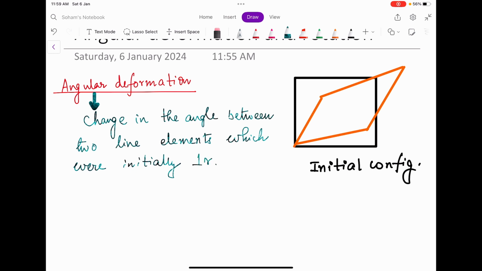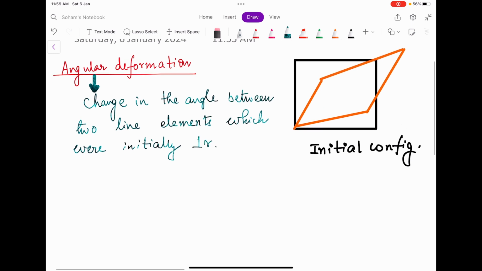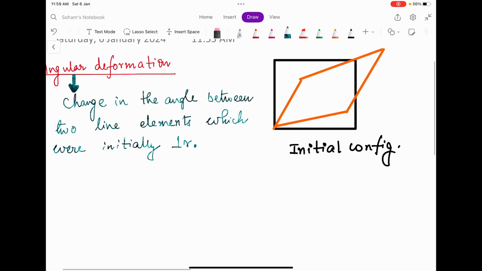Strictly this is not the definition, because if the two lines are not perpendicular initially, then also we can define the angular deformation, so that will be the change in angle. But for the sake of definition we will maintain this.